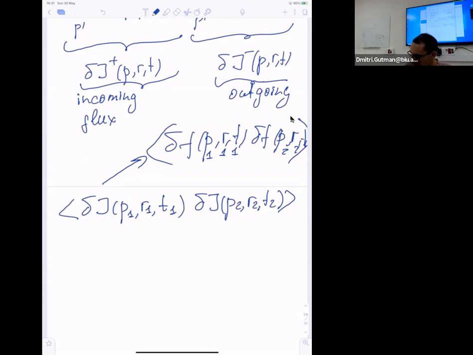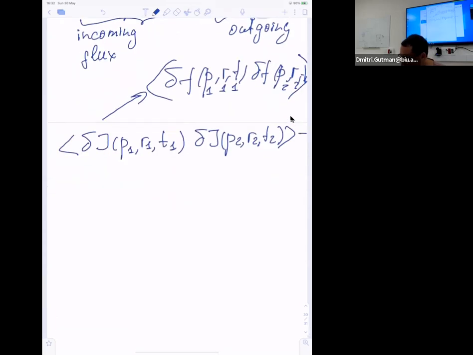So if we know the correlation function of external noise, we will be able to find the correlation function of delta F. Okay, then to fully determine the equation, we need to establish the correlation function of the Langevin noise. And I'm going to show you exactly how it's done.